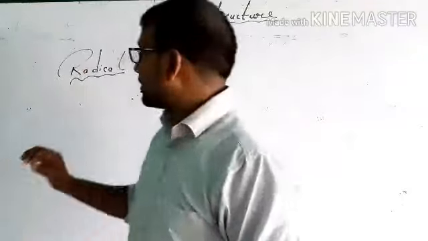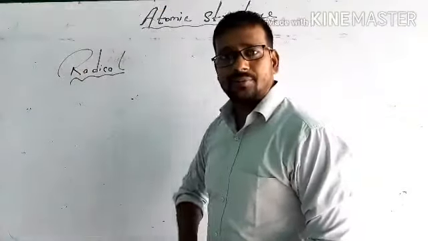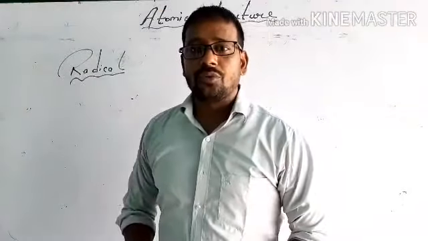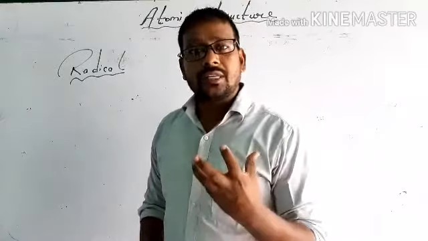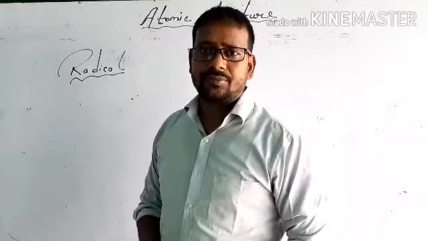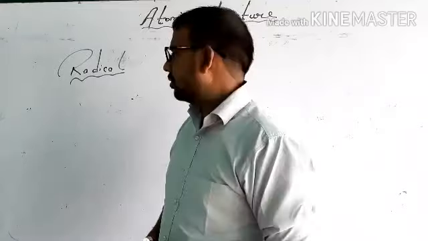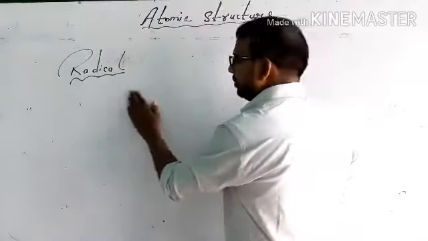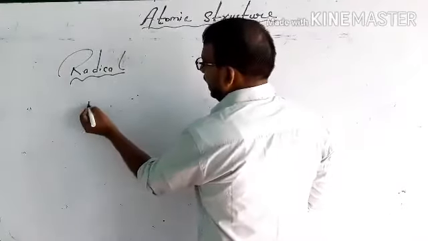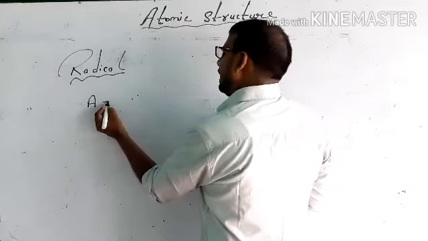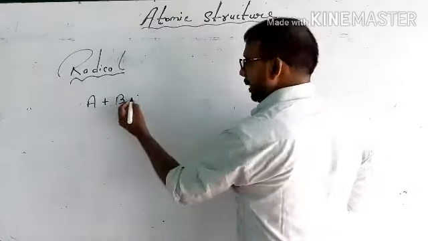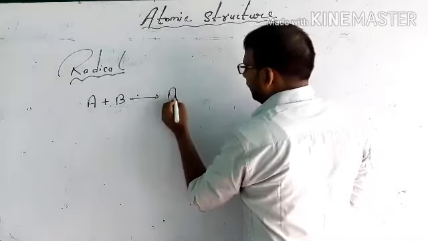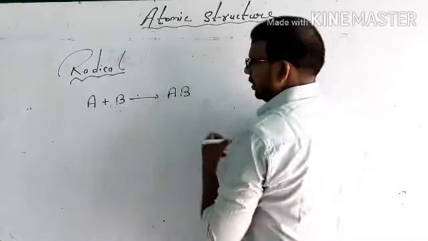Before we start this topic, we have to know what is a positive charge particle and what is a negative charge particle. Now try to understand. Suppose any element A reacts with B. What forms?